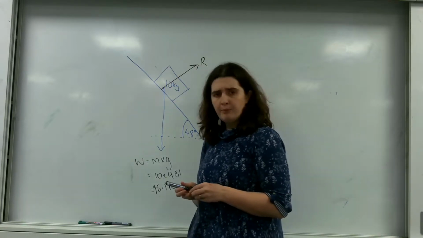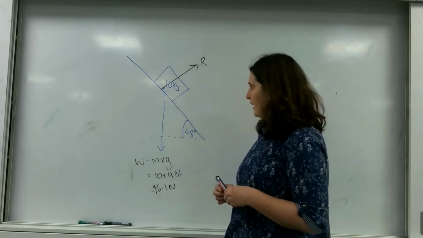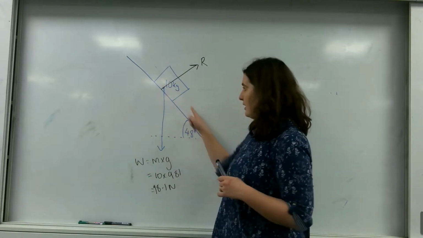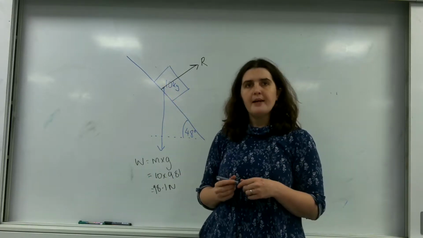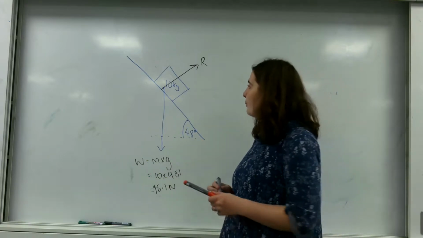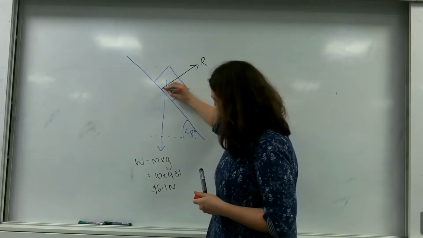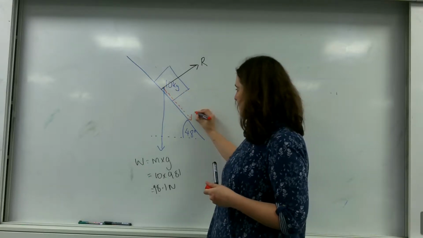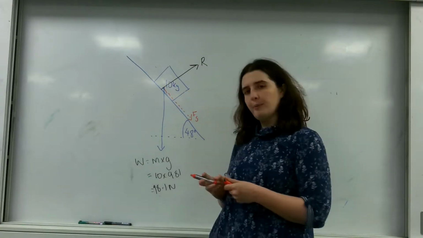Now, components. Clearly, if something falls down a slope, then it slides along the slope. So there must be a component of this force acting down the slope. I'm going to draw this in a red line here and call this F down the slope.